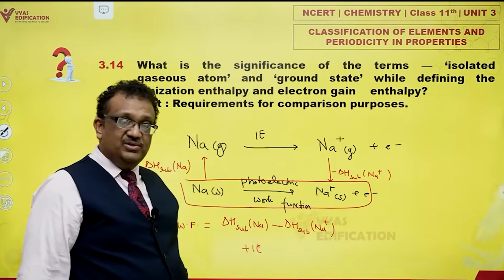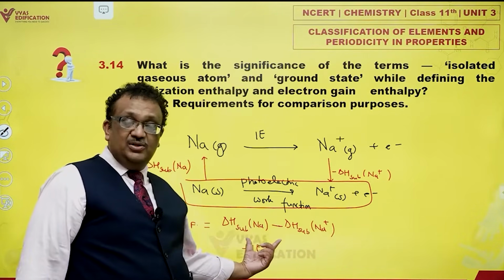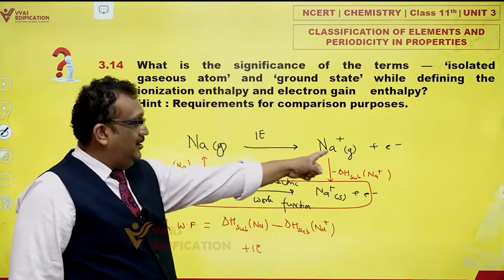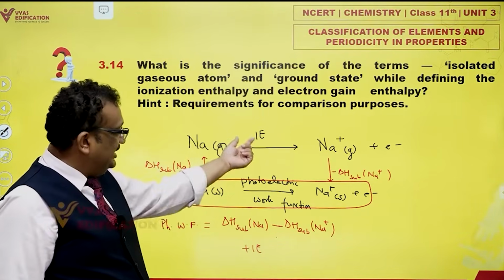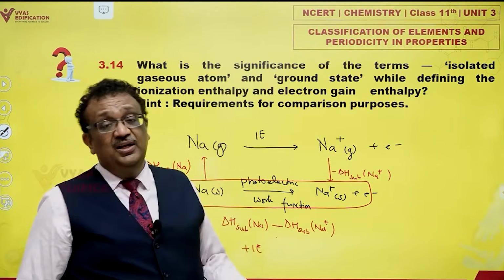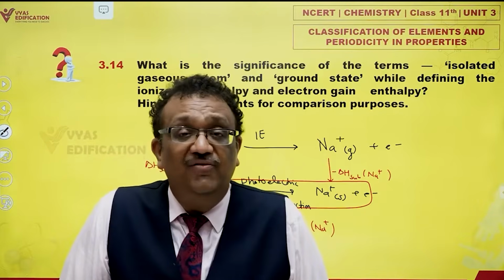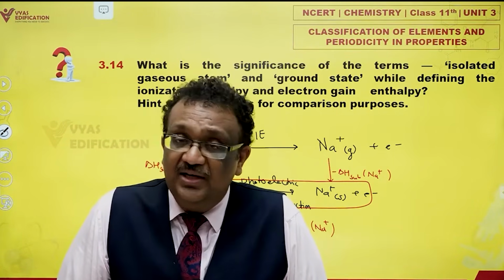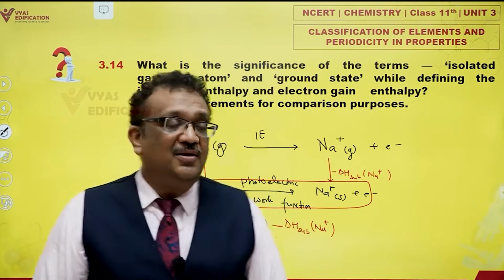This is very important, because since this is not zero, both these entities, photoelectric work function and ionization energy, could very well be different. And indeed they are quite different.